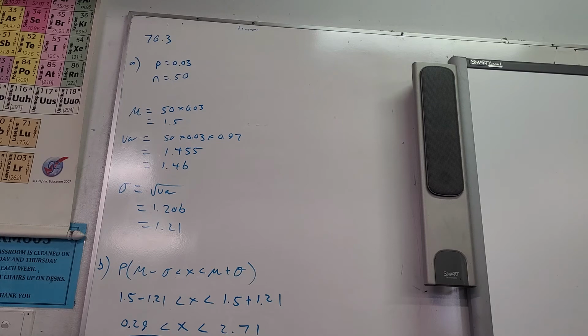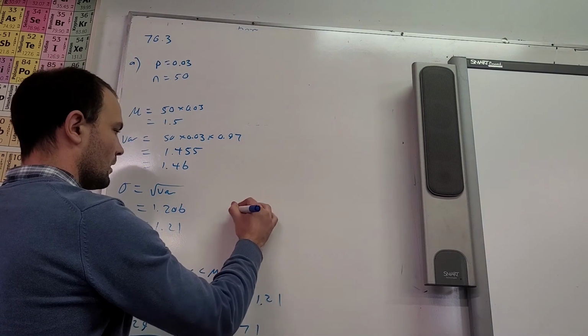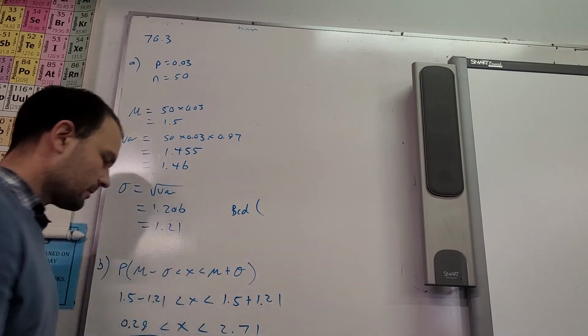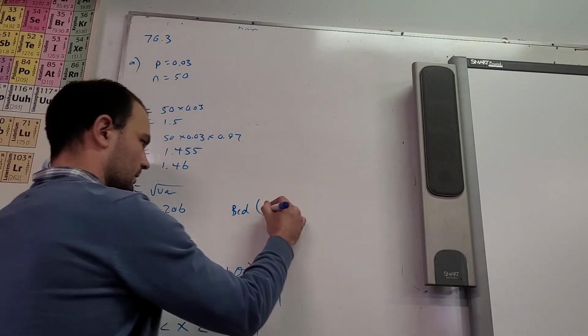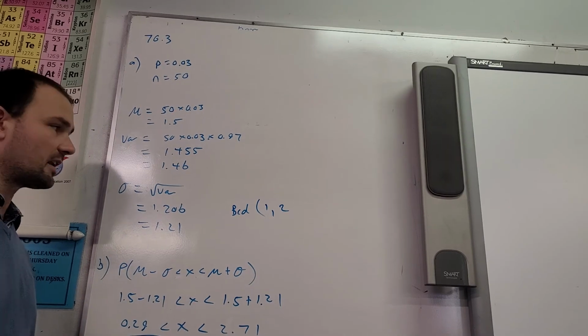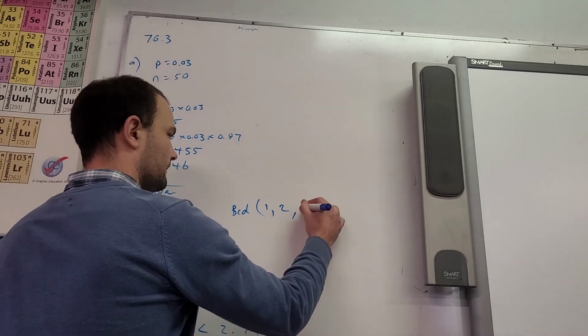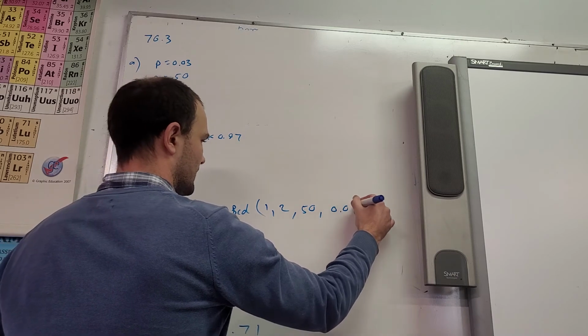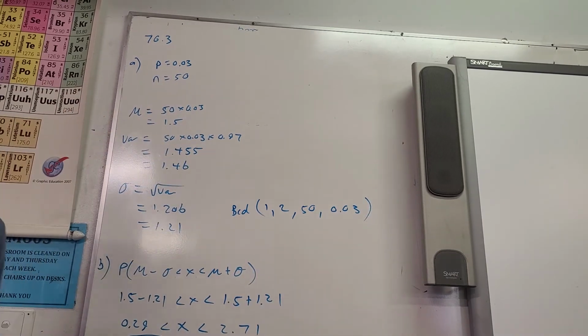Okay? So this is a BCD calculation. Where should I do it? Here. Where we're saying, what's the probability of between 1 and 2 matches being defective, including both 1 and 2, out of 50 trials with a probability of being defective of 0.03. Let's crunch it.